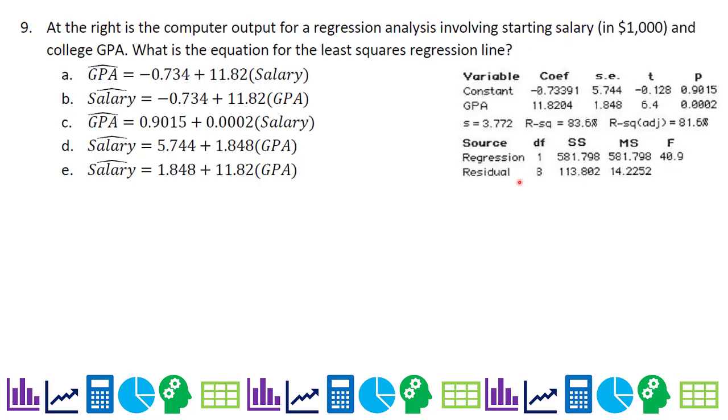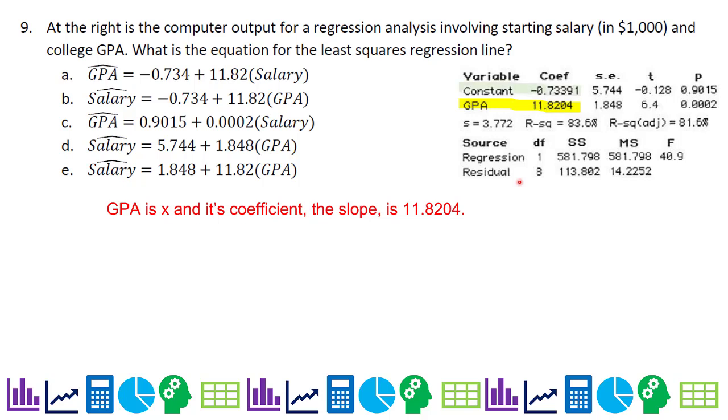Number 9. At the right is the computer output for a regression analysis involving starting salary in thousands of dollars and college GPA. What is the equation for the least squares regression line? So this line right here is always the slope, and it tells you what your x is. Your x is GPA. And the slope is 11.824 or 11.82.